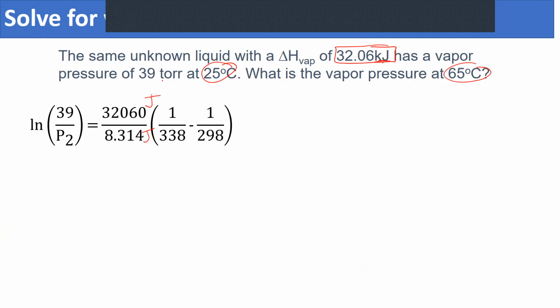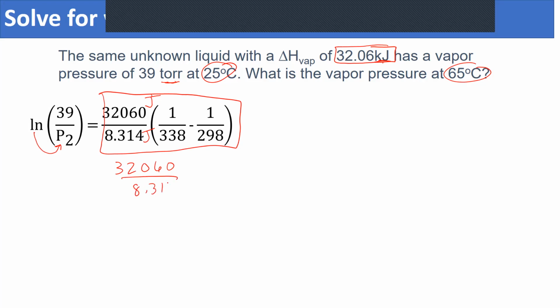My pressures can be any unit as long as it's the same one. Now I'm going to solve for a variable that's inside the natural log, and sometimes that's tricky. Over on this side it's all numbers and math that we can type in, but to make it a little bit easier, we can rewrite it again as 338 inverse minus 298 inverse, so it's clear where these numbers go.